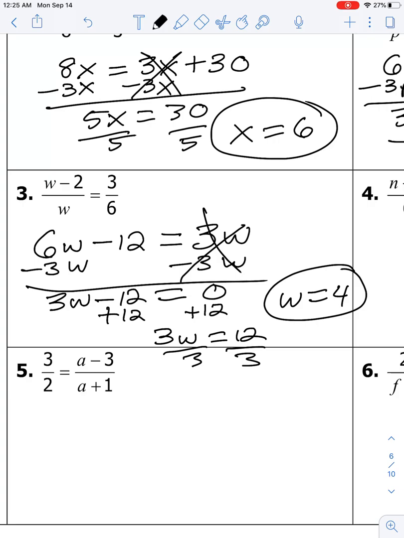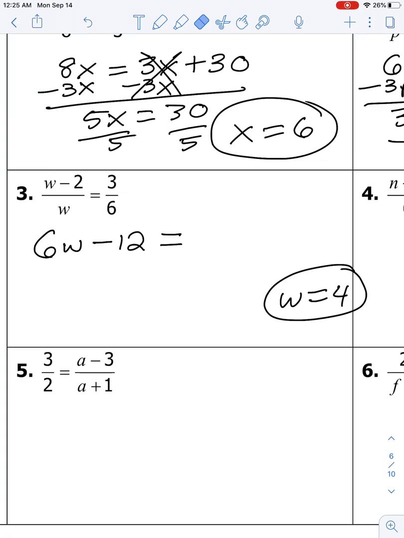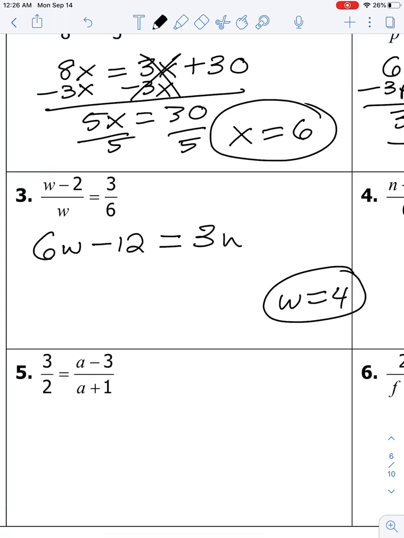All right? Now, probably an easier way to do it. So I'm going to backtrack a little bit, because this part confuses some people. So let me go ahead and write my 3w back up there.